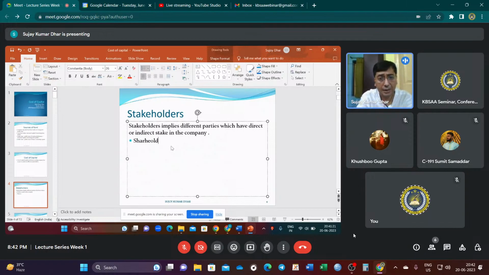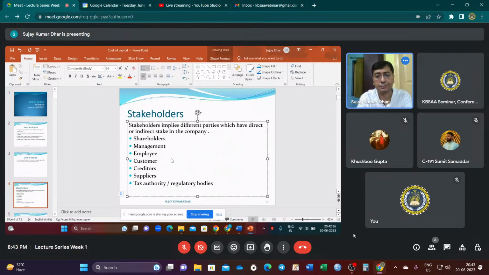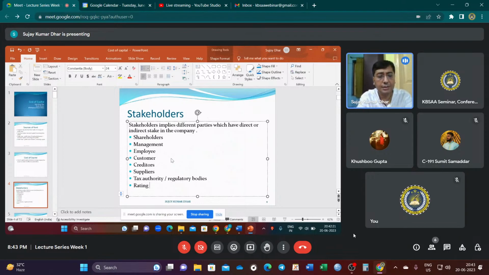Shareholders, they are the prime stakeholders. Management, employee, customer, creditors, suppliers, then tax authority or regulatory bodies, rating agencies.